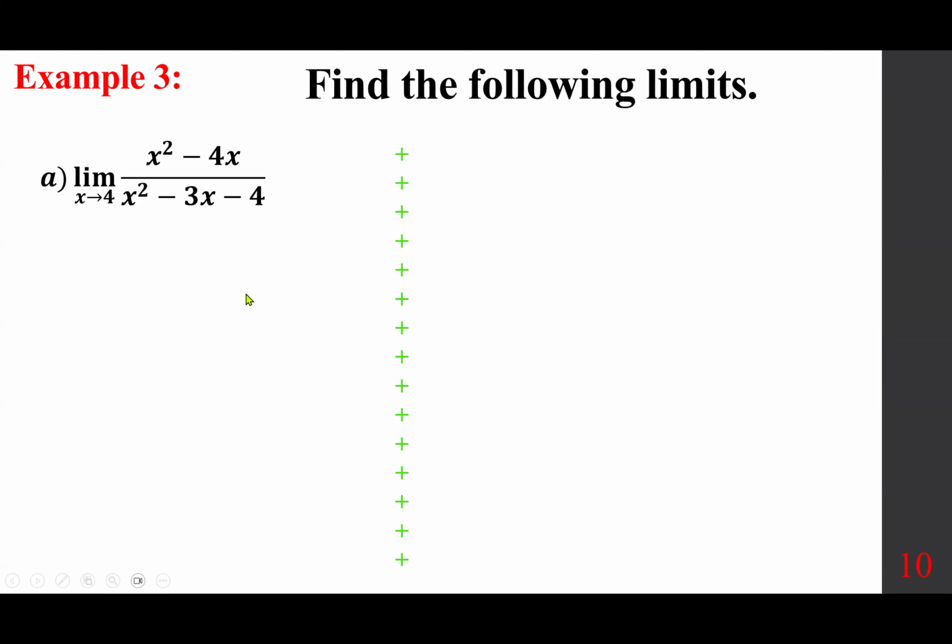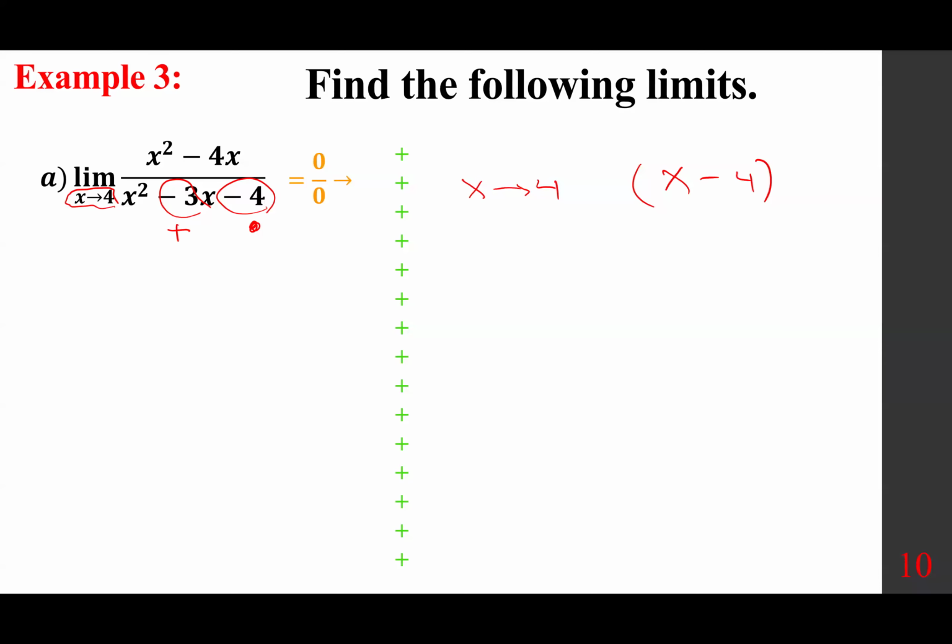All right, if we plug in 4, we get 0 over 0. And since x is approaching 4, we should expect a factor of x minus 4. Also remember, for factoring, you want two numbers. The product is -4.